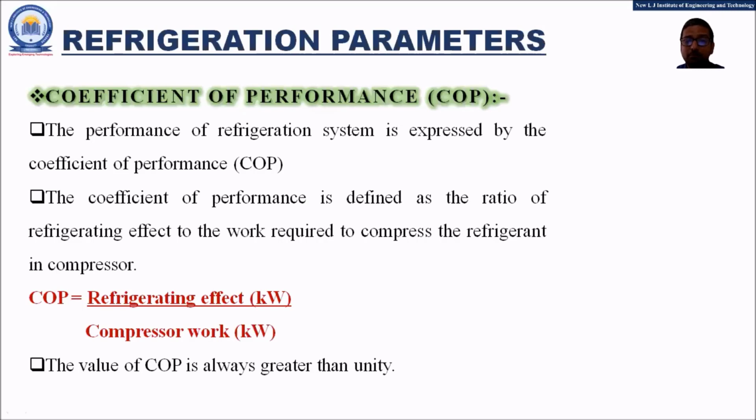The coefficient of performance is defined as the ratio of the refrigerating effect to the work required to compress the refrigerant in the compressor. Mathematically, COP is equal to refrigerating effect, in kilowatt, divided by the compressor work, also in kilowatt.